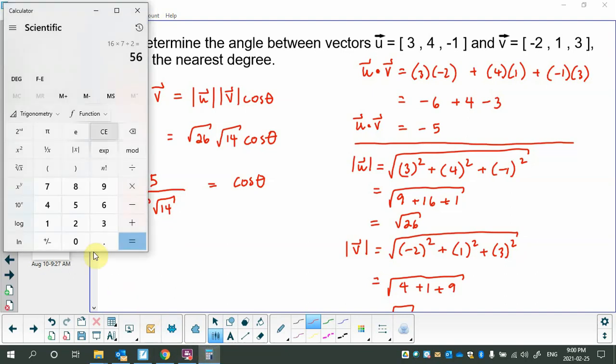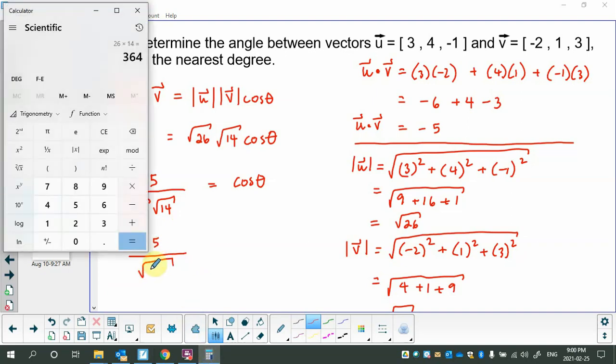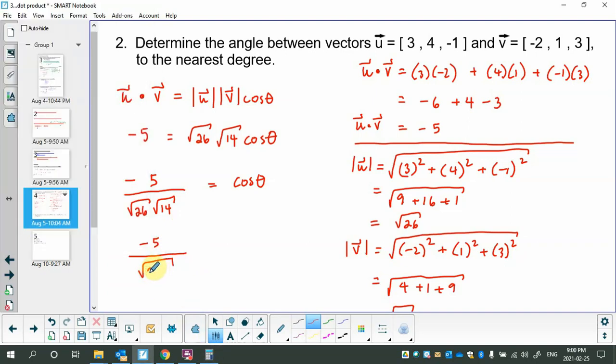Now, just because I've got a calculator here, I can take 26 times 14, and I can write negative 5 over root 364 if I prefer. It's totally up to you which version you like.